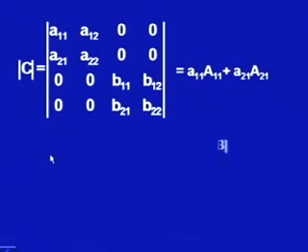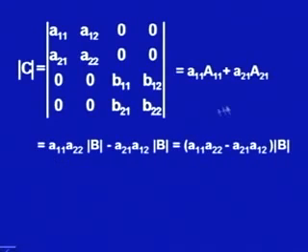Now what is the cofactor of A11? It is obtained by neglecting this row and this column. That means this particular determinant. To evaluate this determinant, I will again expand by cofactors.